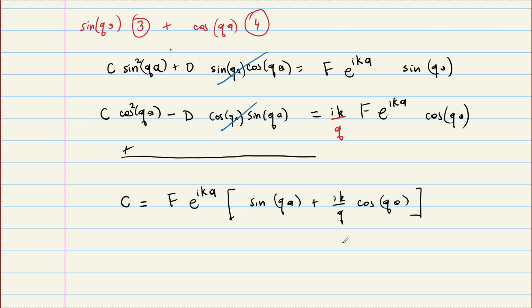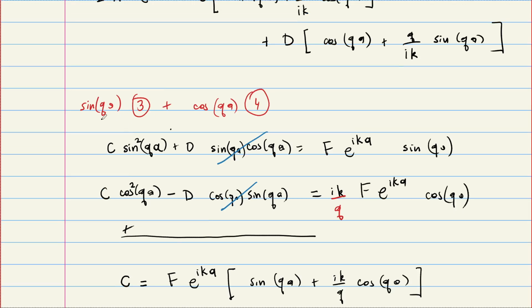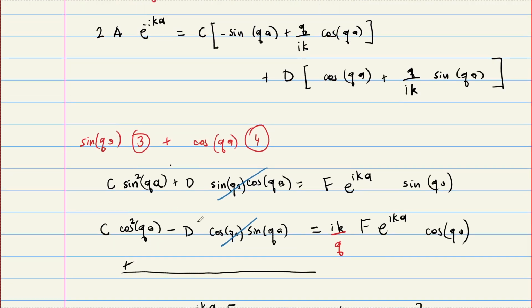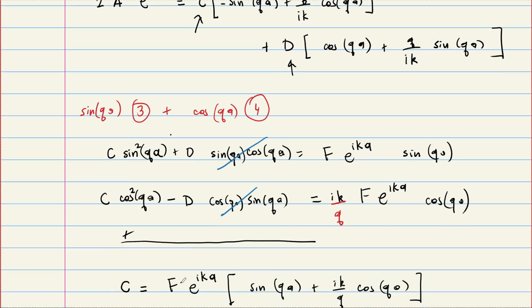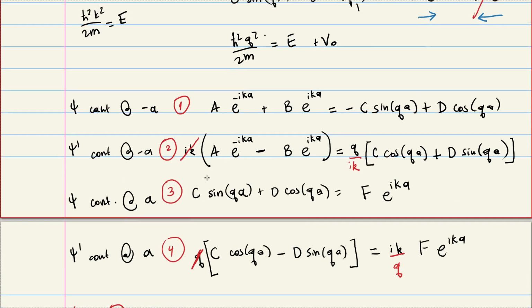So I eliminated b, I have an expression for c, and if I do exactly the same thing the other way, I will also have something for d, and then I will substitute c here and d here, and I will have something between a and f. You can see this is something for f. Good. So let me do this one more time.